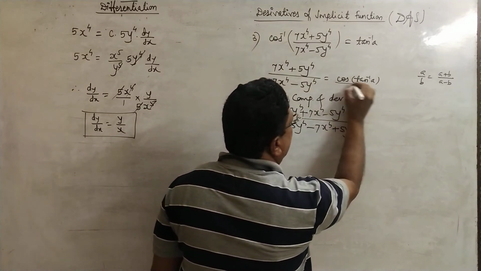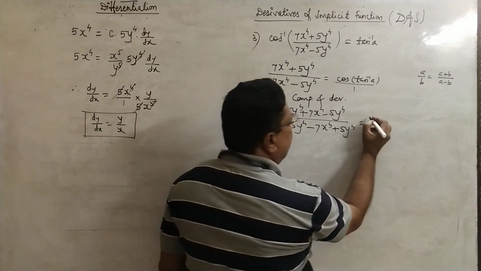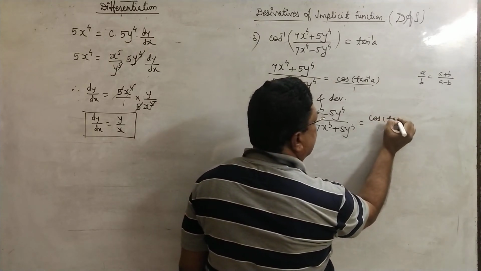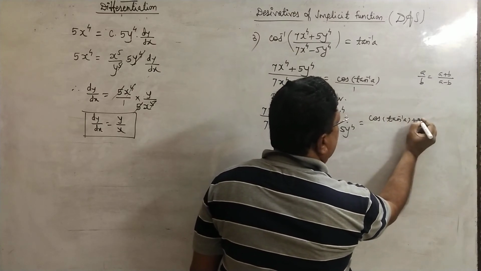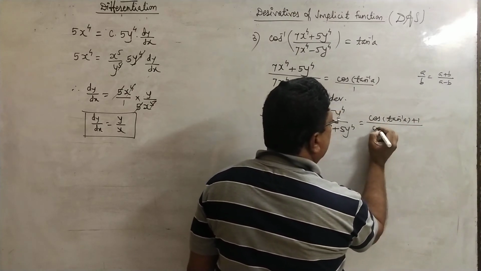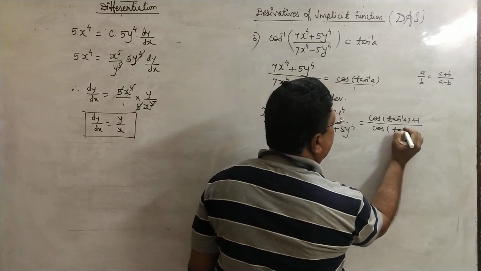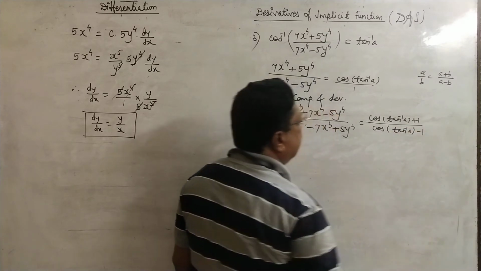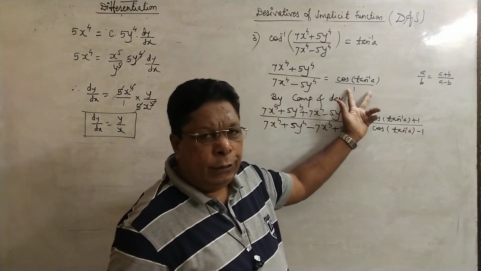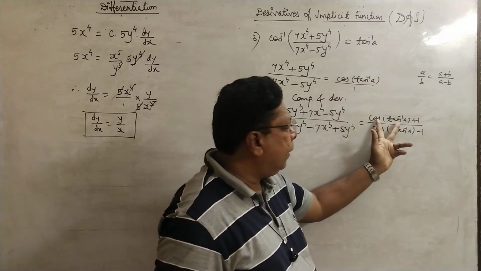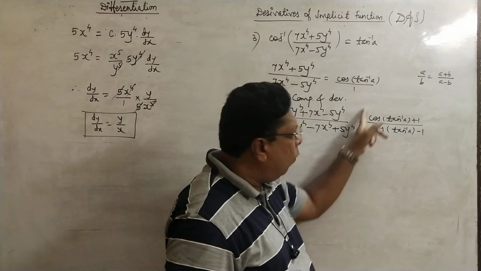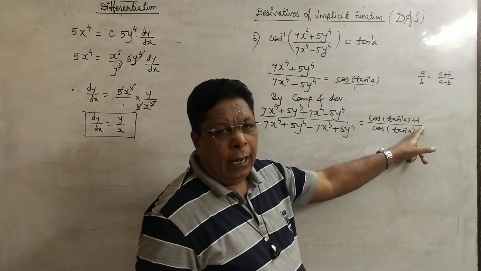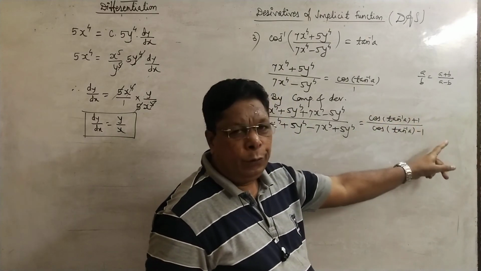This becomes, denominator is not there, it is 1, cos of tan inverse a plus 1 upon cos of tan inverse a minus 1. Cos of tan inverse a is constant, therefore the whole term is constant. And we denote the whole term as C.